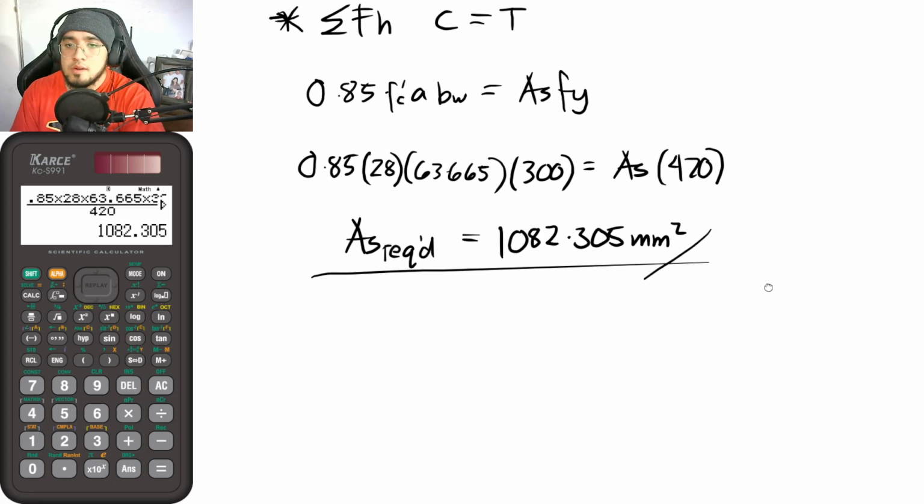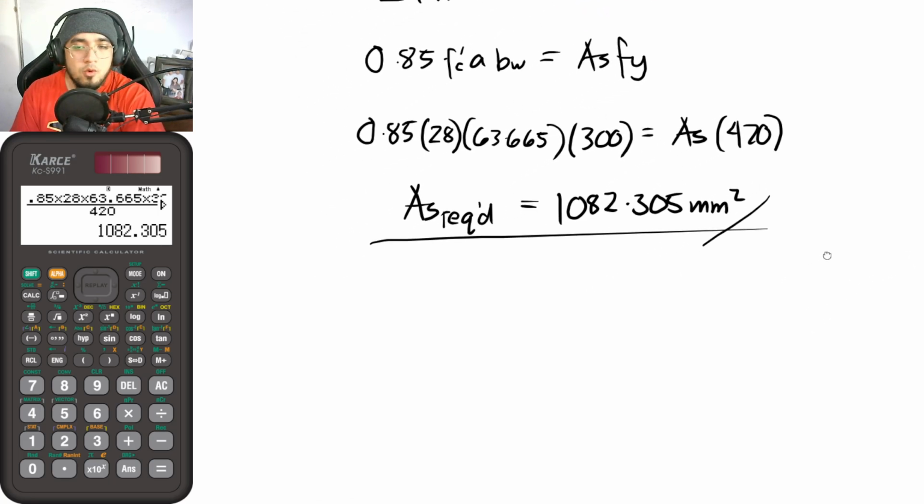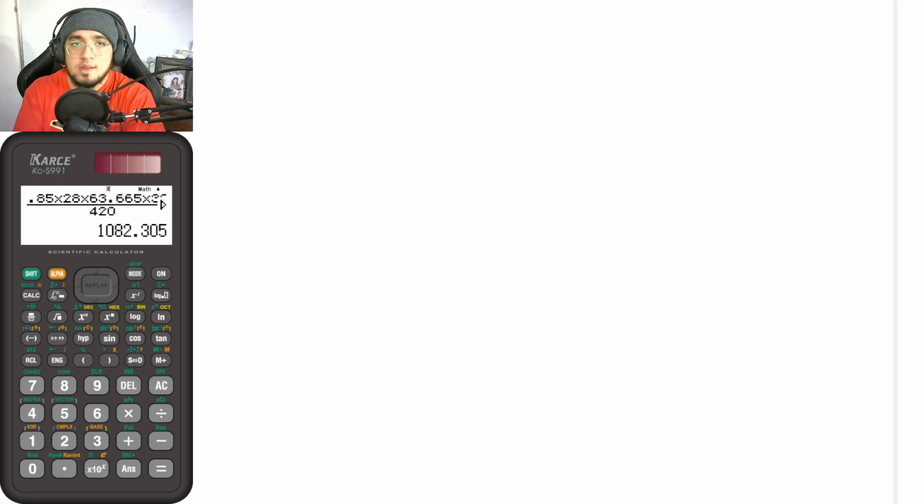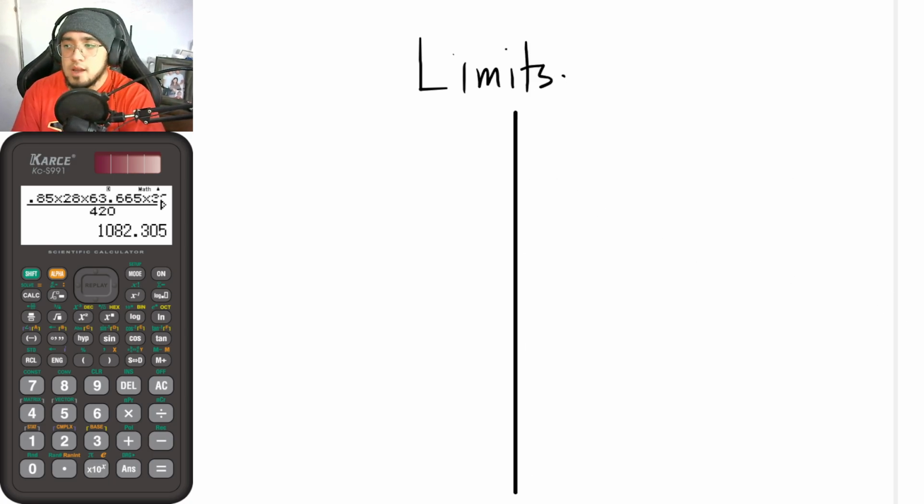Okay, so if I am to go to our limits, in this slide here, I will now be writing our limits. So for our limits, on the left side will be our lower limit, which is for rho min, and on the right will be our rho max.